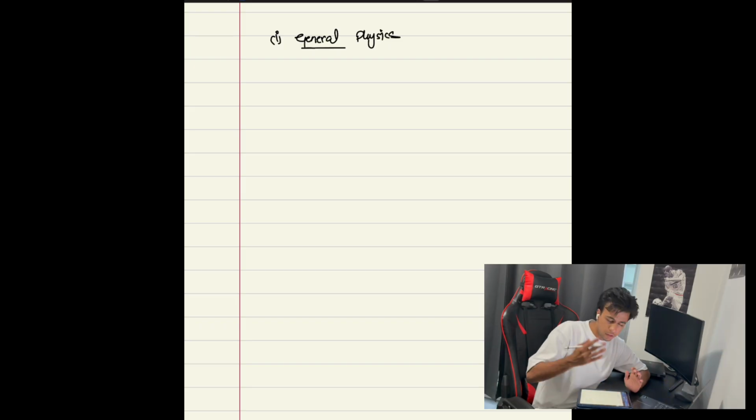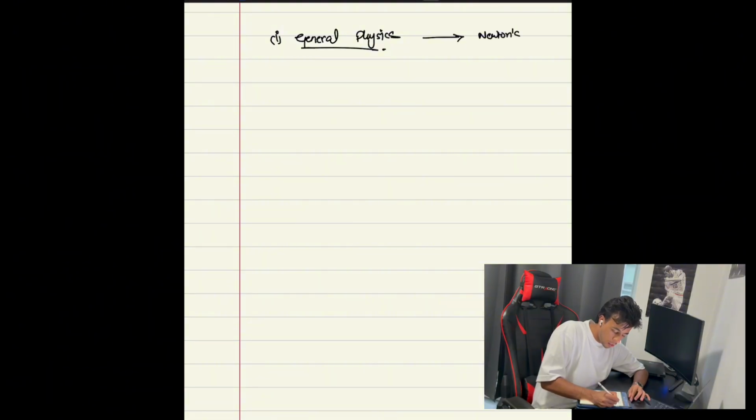General physics is basically something that's going to cover things like Newton's law of motion, of forces. You basically run into something like kinematics, you run into something like dynamics.